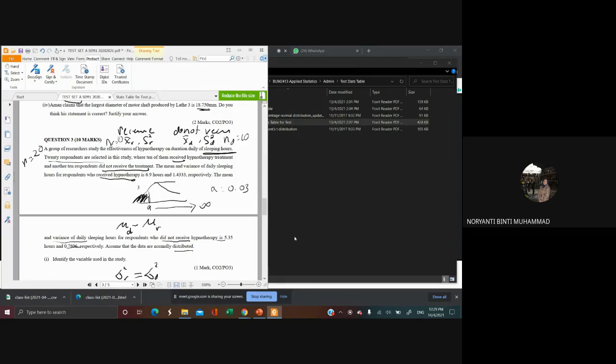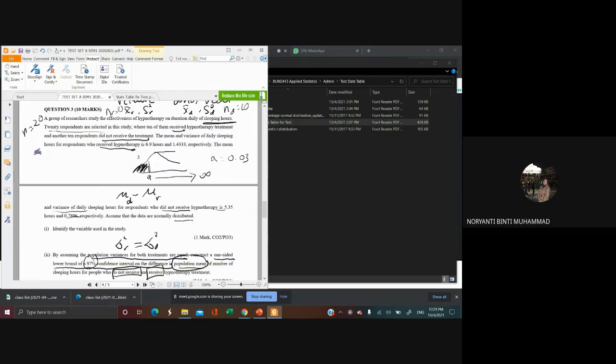It will give you x bar do not minus receive, minus t alpha, no need to divide by 2, S pool, square root of 1 over n do not plus 1 over n receive, comma, and then the other side is infinity.